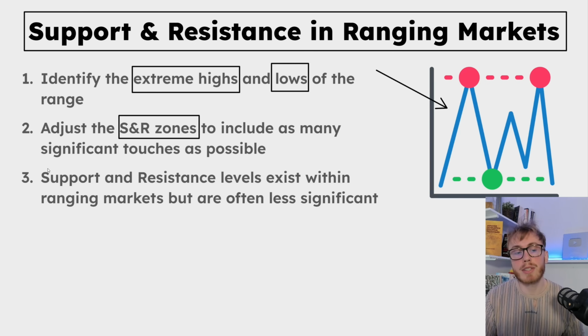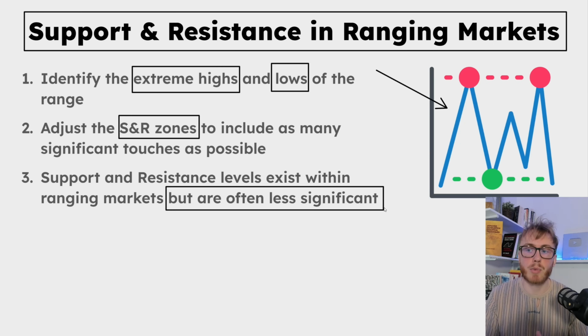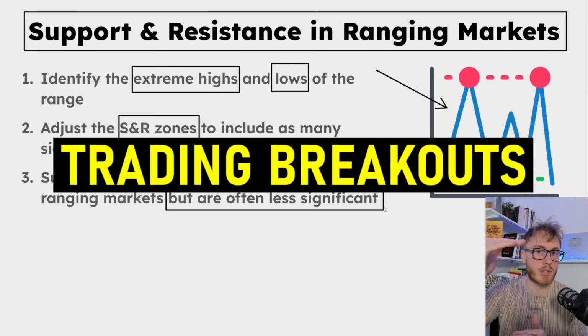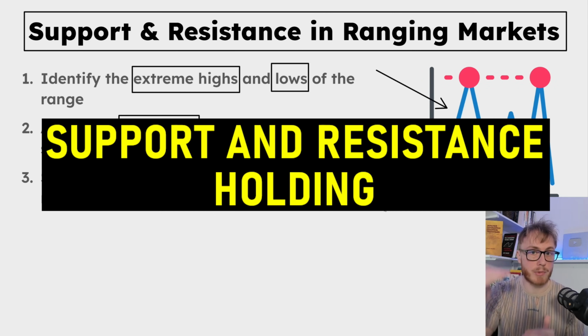And the third rule here is that support and resistance levels also exist within ranging markets. I have already mentioned this. They can exist within the markets, but they are often less significant. So when we are trading ranges, we are often focusing on either trading breakouts, so we focus on trading when the price either breaks above or breaks below the range, or we focus on trading support and resistance holding.